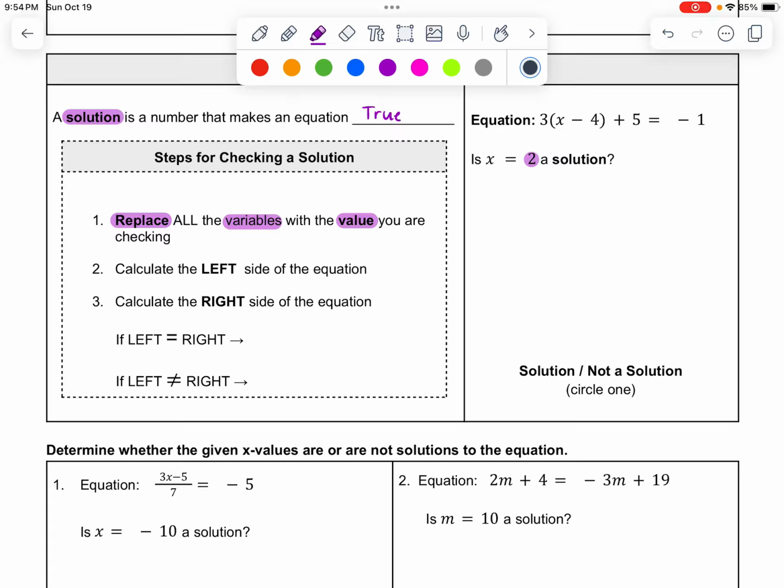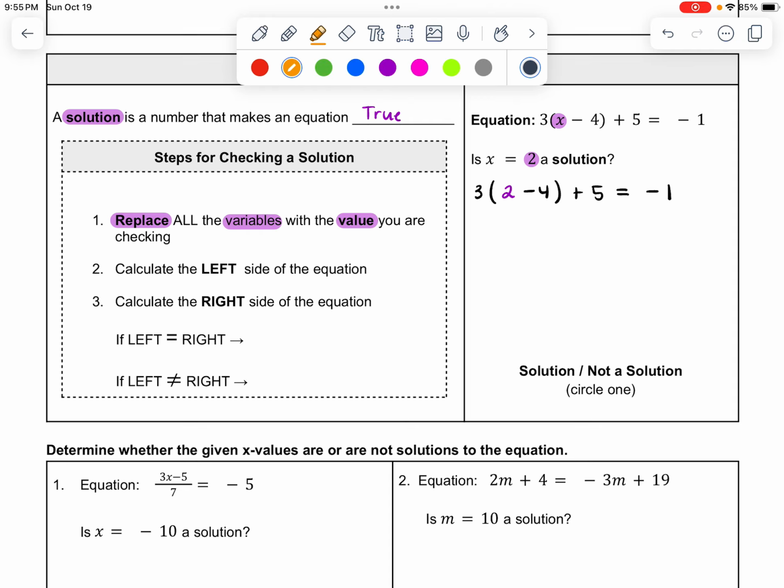What I'm going to do is start by copying down the problem, but replacing the x with the number 2, which is going to look like this. 3 parentheses, and then instead of x, I'm going to fill in the number 2, and then minus 4 parentheses plus 5 equals -1. So that's step 1. Replace all of the variables with the number that we're testing.